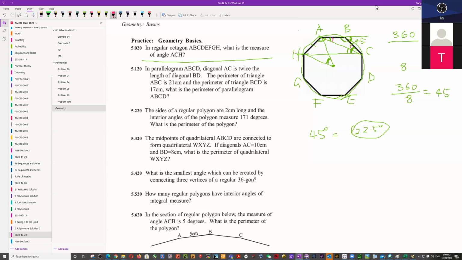Those two red ones will add up to 45. And because those are the same, it is 22.5. So this red one is 22.5. This green one is 45. You minus it, it's going to be 22.5.